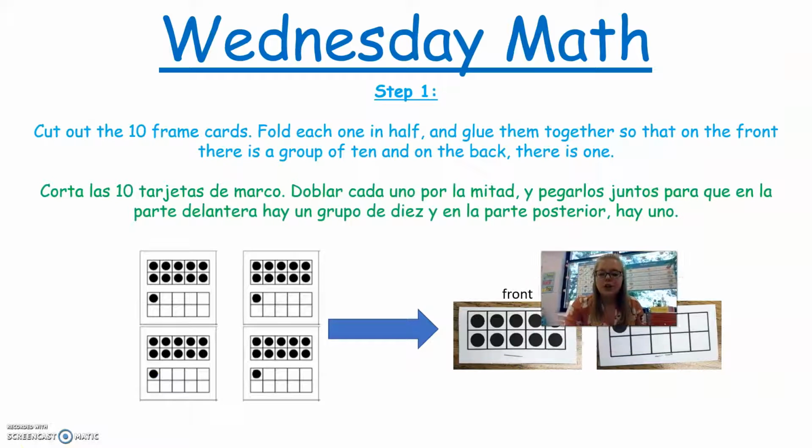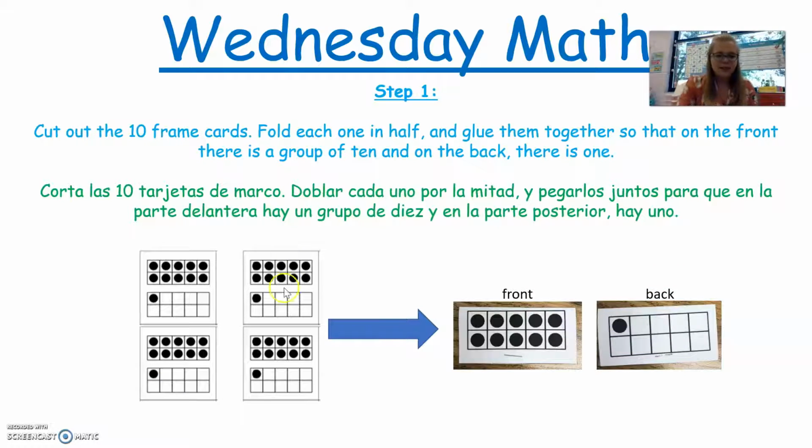All right, so to start, you need to find these little squares. They look like this in your packet. You're going to cut out each rectangle, so cut out around both 10 frames. Once you've cut them out, you're going to fold them in half right here. And then you're going to glue it so you get 10 on one side and 1 on the other side.